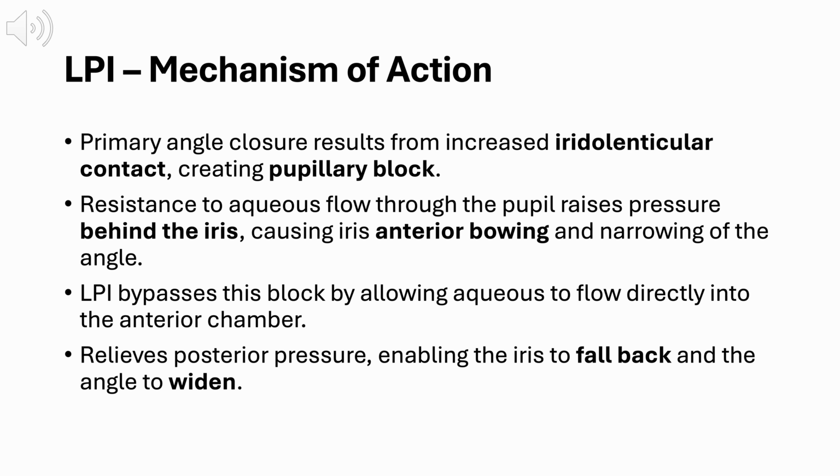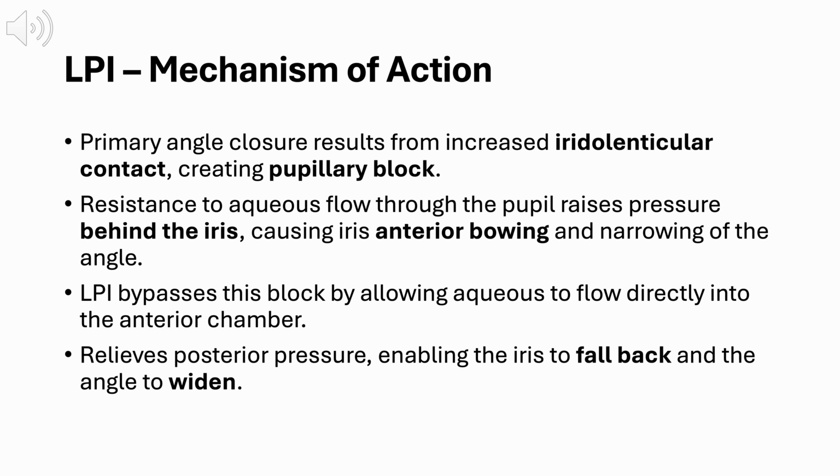In primary angle closure, the iris sits tightly against the lens. The iridolenticular contact increases, and that resistance traps aqueous behind the iris. As pressure builds posteriorly, the iris bows forward and crowds the angle.